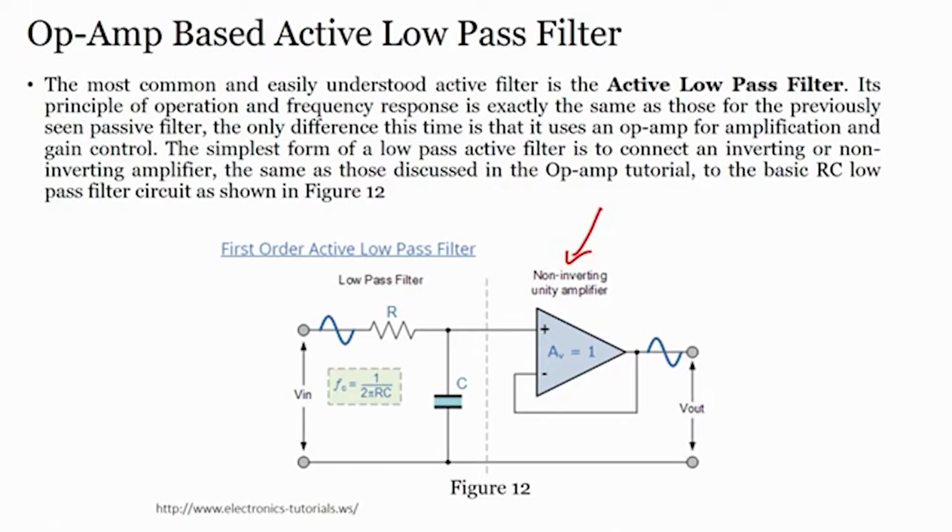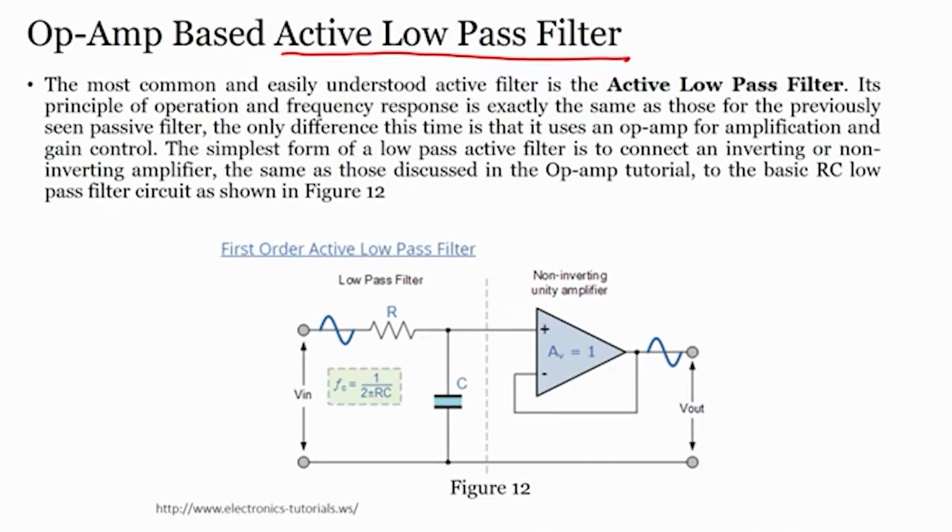We have seen the unity gain amplifier in the previous modules, and it is super easy to operate, and a very important component when we are understanding the loading effect. If you remember, we used the unity gain amplifier or buffer for removing the loading effect. So, if I connect the R and C with my op amp, which is a unity gain amplifier, then it becomes my active low pass filter.